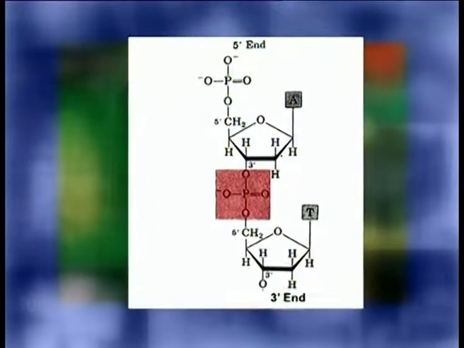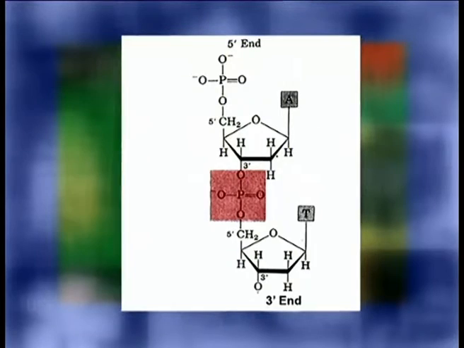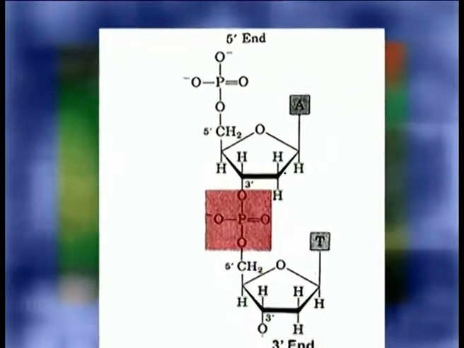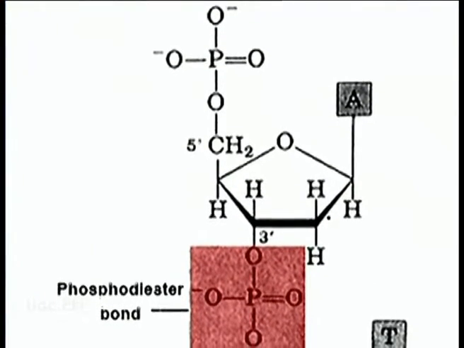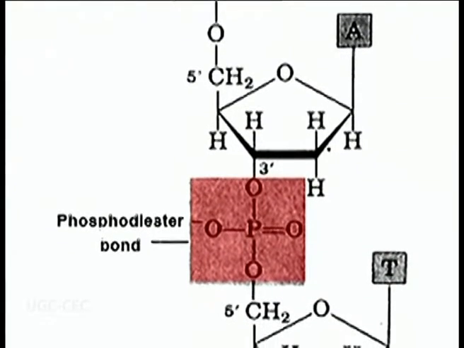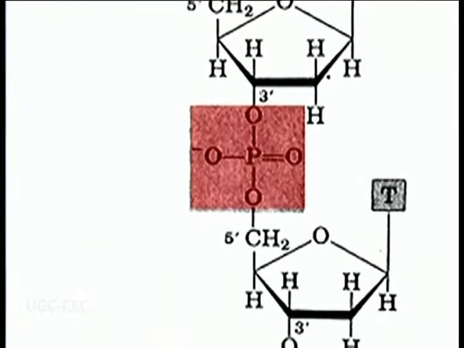The phosphate group is linked to the 2 sugar molecules above and below at carbon number 3 or at carbon number 5. When a number of nucleotide monomer units join through the formation of phosphodiester bonds, that is, involving 2 ester bonds, a polynucleotide chain is formed.